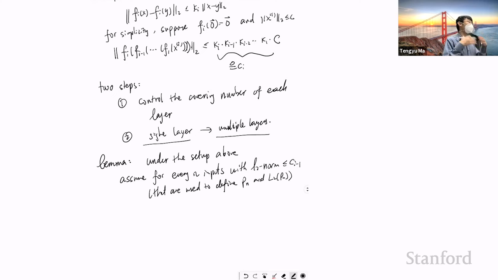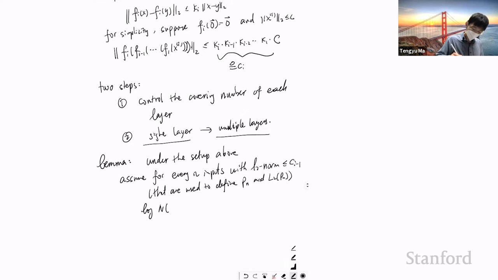To define a covering number, you have to define the metric and which empirical inputs you are evaluating on. So I'm assuming that for every input with this norm constraint, you have a covering number bound.